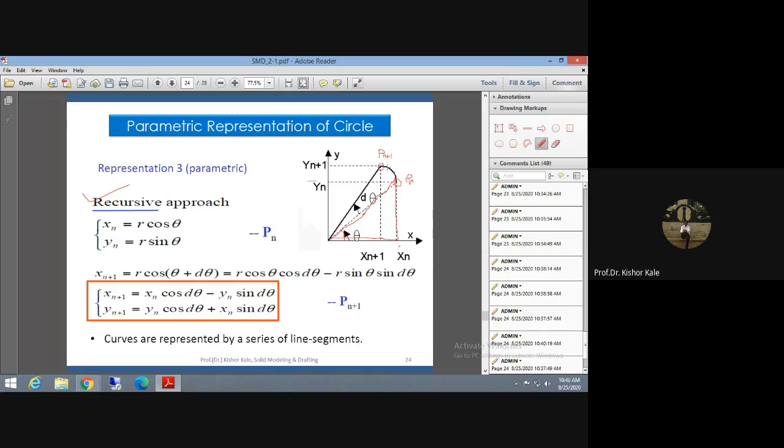Assume this is on a circle, this Pn or P0 or P1 is a point on a circle. So whatever length is shown here is nothing but your radius r. This is r, this is also r. So what would cos theta be equal to?